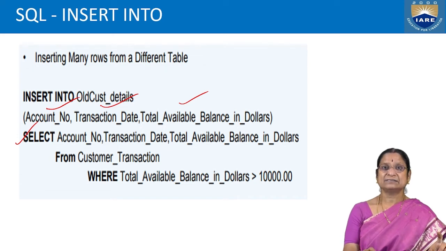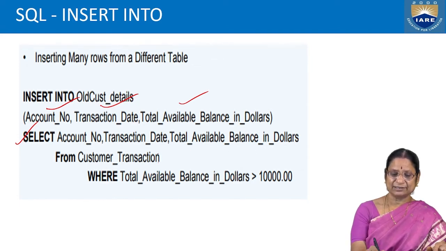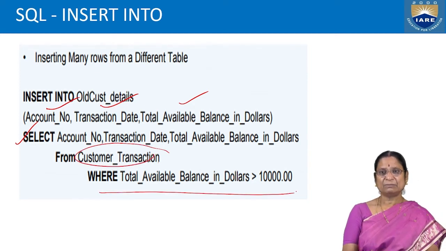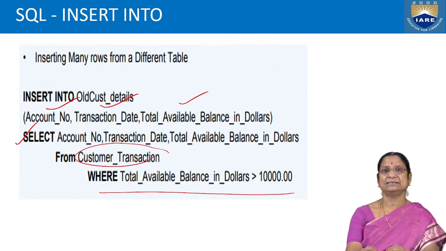Of course, I didn't discuss this yet, but select is a query: select account number, transaction date, total available balance in dollars from customer transaction, another table, you please observe, where total available balance is greater than 10,000. All these details are going to be added to the customer.